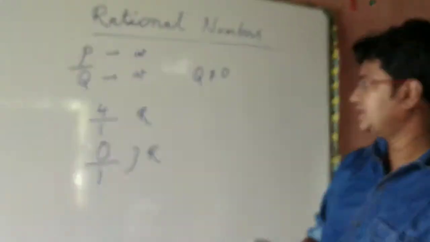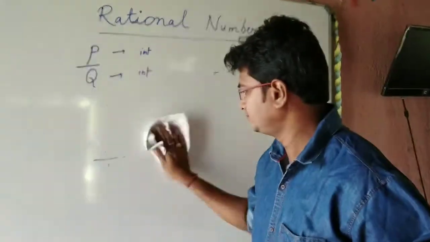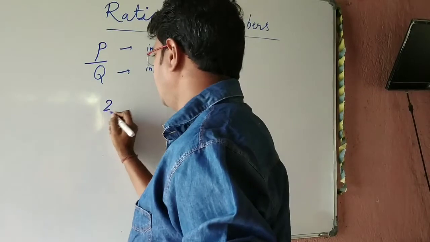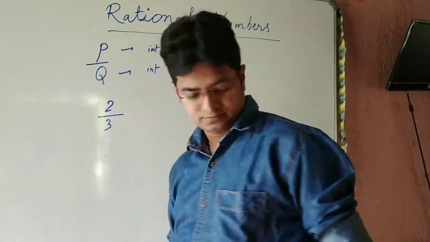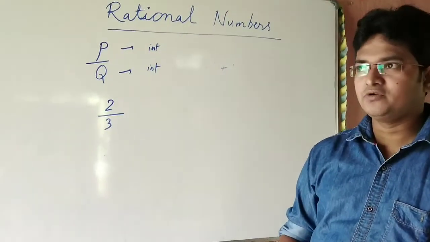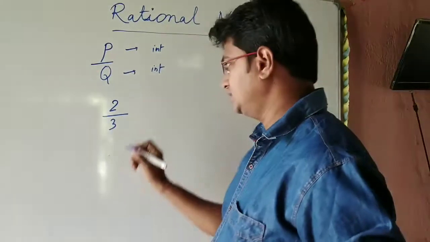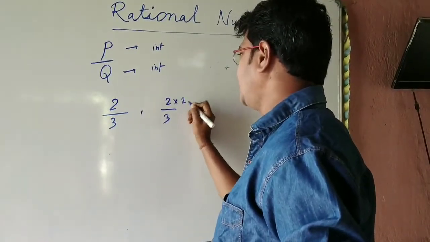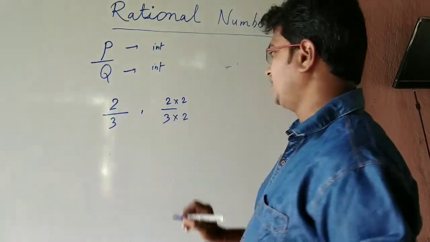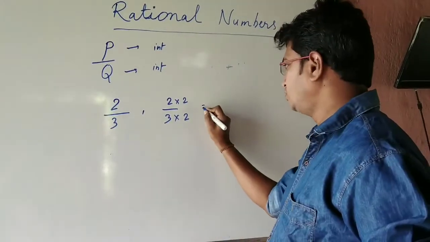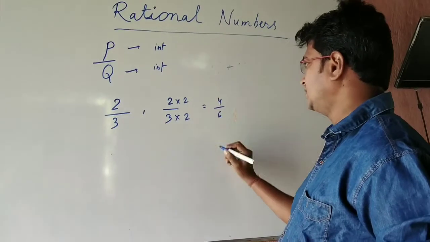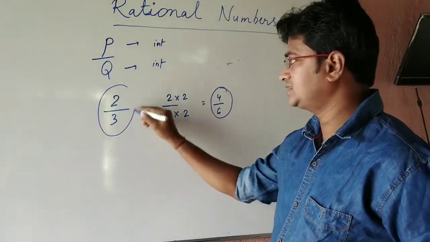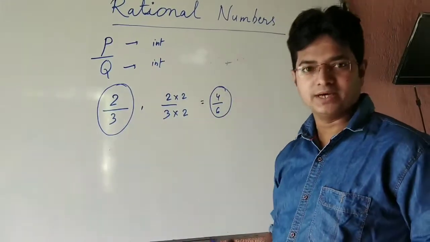Suppose I take the rational number 2 by 3 and ask you to find equivalent rational numbers. If we multiply the numerator and denominator by the same term, 2 2s are 4, 3 2s are 6. So 4 by 6 is an equivalent rational number of 2 by 3.